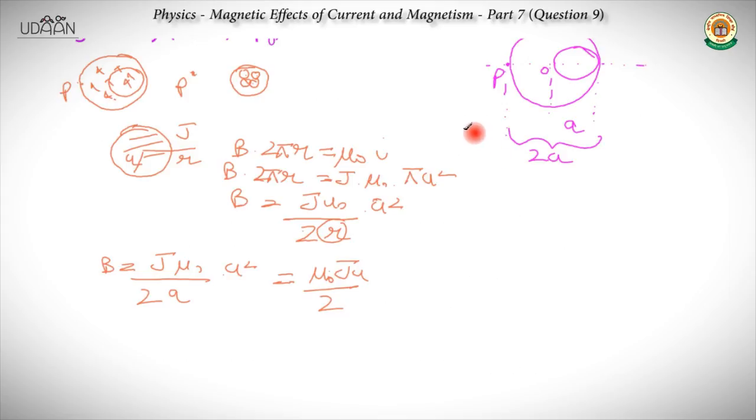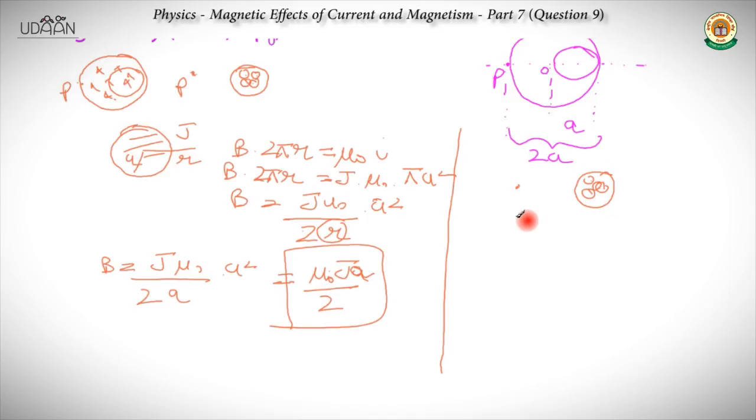This is mu naught J A divided by 2. Now considering the cavity, which we assume to carry current in the opposite direction, coming out of the plane of the paper.